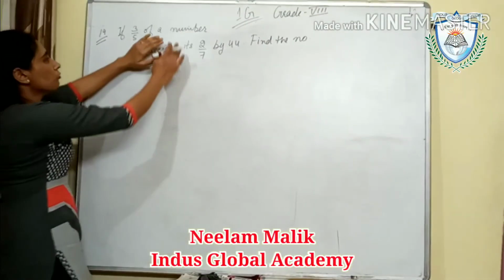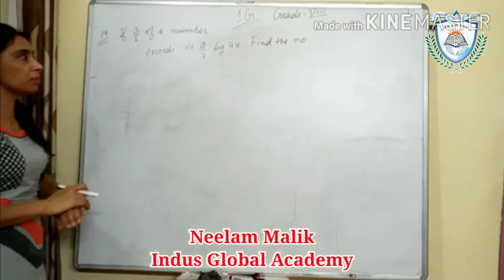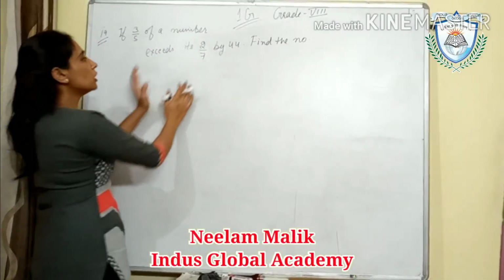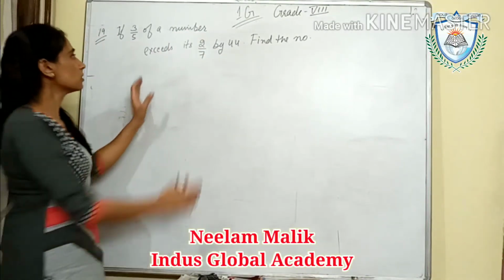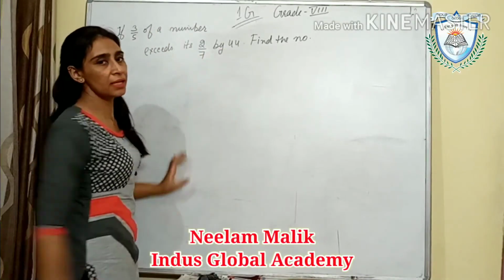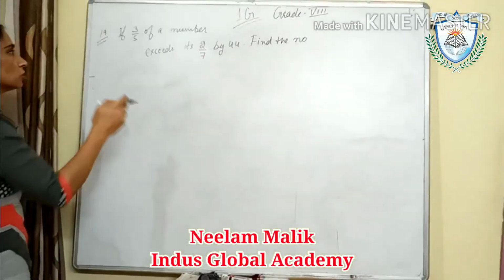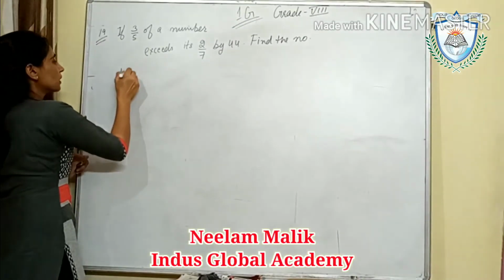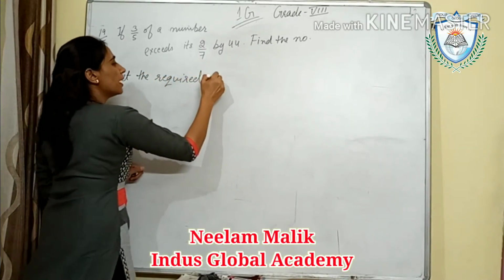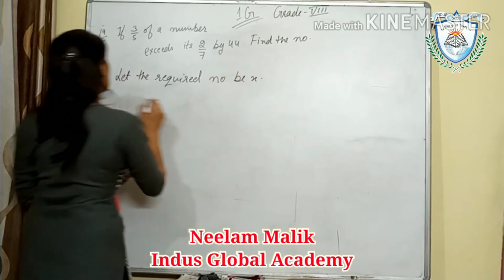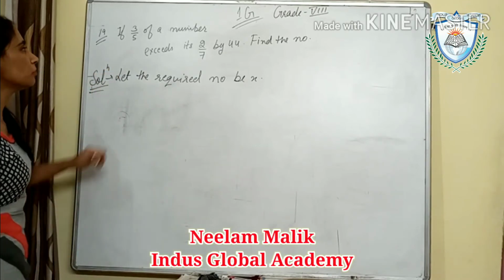It's given, whatever the number is, if you take 3/5 of that number, that will be equal to 2/7 of that number plus 44, means this will exceed this number by 44. That means we will add 44 here. So first we will let the required number be x. Let the required number be x.